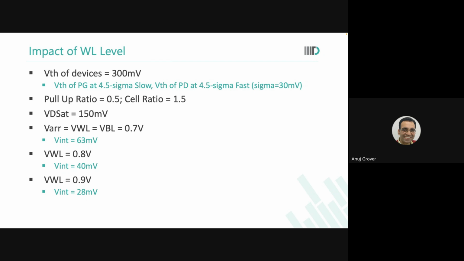The pull down can sink only that amount of current that was there earlier. So there's more charge flowing from the bit line, but it has nowhere to go. It will accumulate. Vx will rise. Vx rising means stability degraded. Are you able to see this now? Okay for everyone?